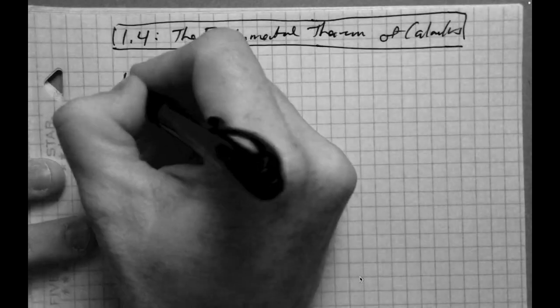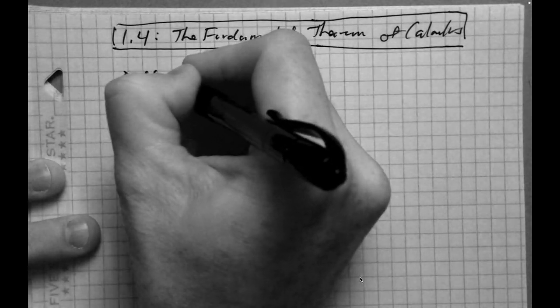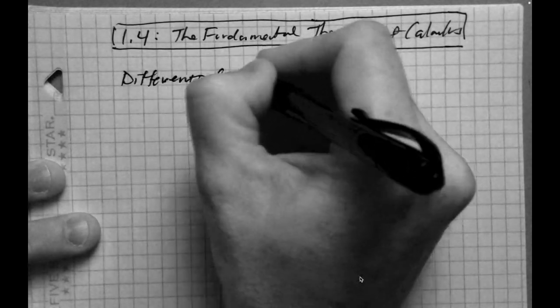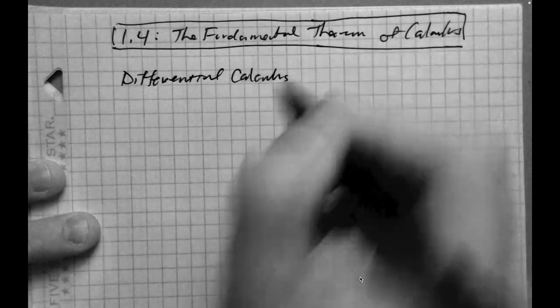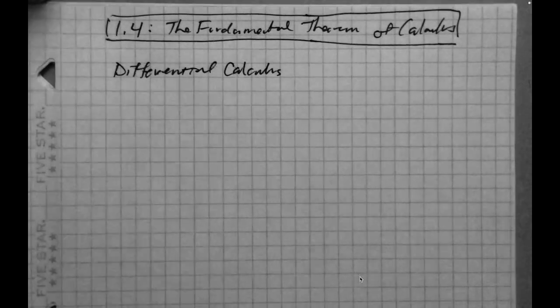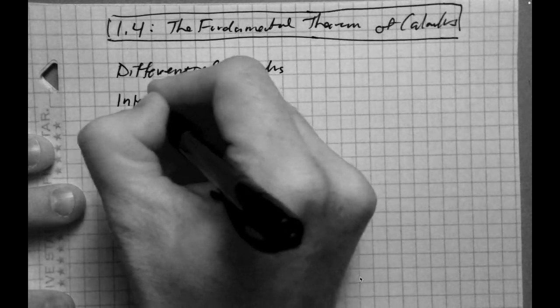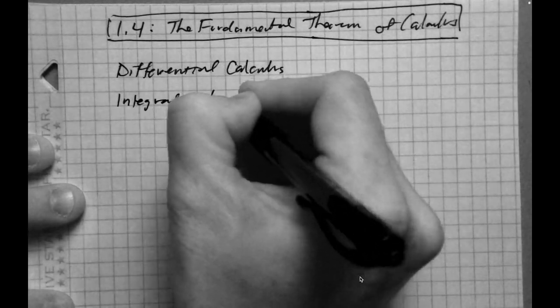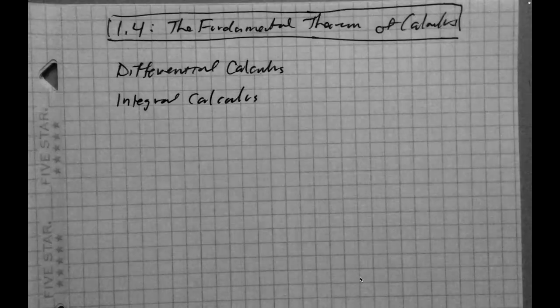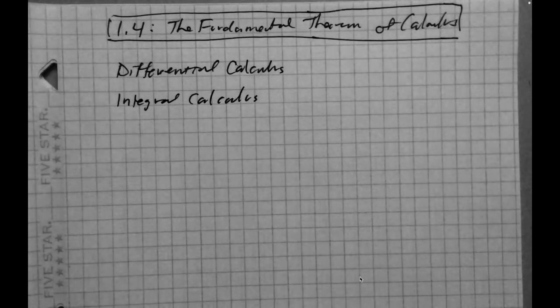So we have the differential calculus, and that's the one that we mostly occupied ourselves with in Calculus 1. And we have the integral calculus, and that's the one that we're venturing into now.